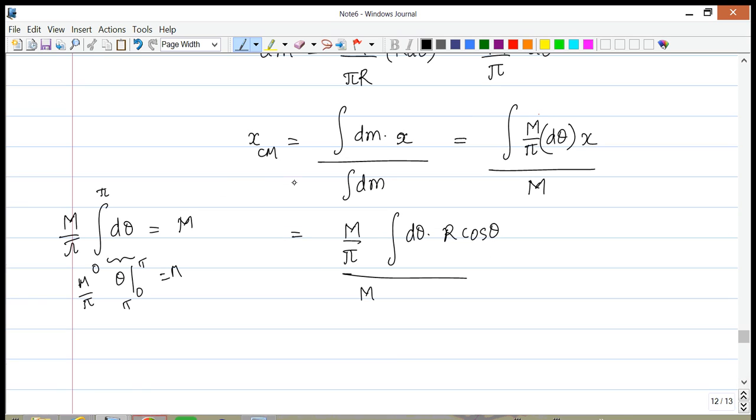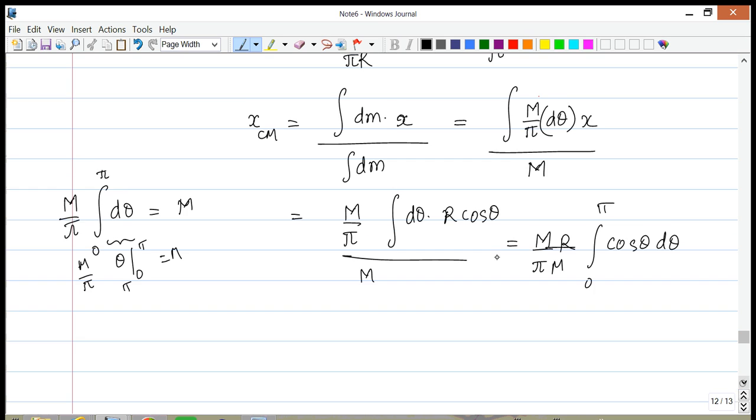Now let's evaluate this integral. This is equal to m over pi times r times the integral of cosine theta d theta, with limits from 0 to pi, and I'm going to divide this by m.